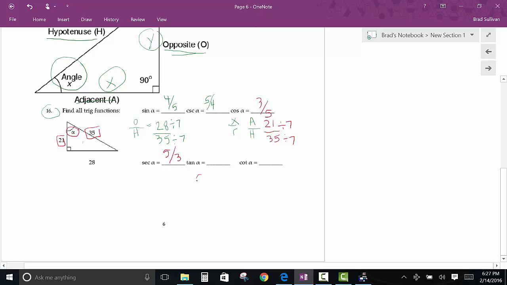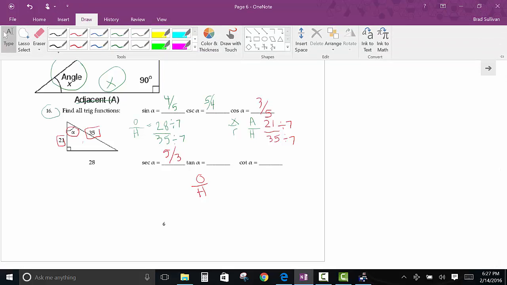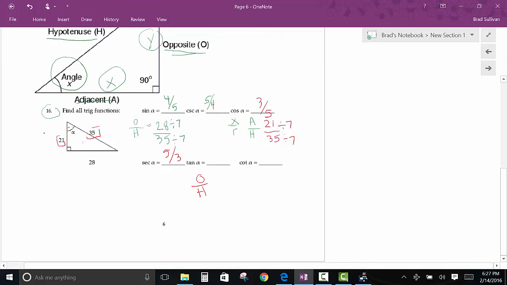Okay. Then the tangent's definition in a right triangle is opposite over adjacent. So let me erase this and start over again with this. If we look again and focus in on that angle alpha, then the side opposite is going to be opposite that angle, so it's that.